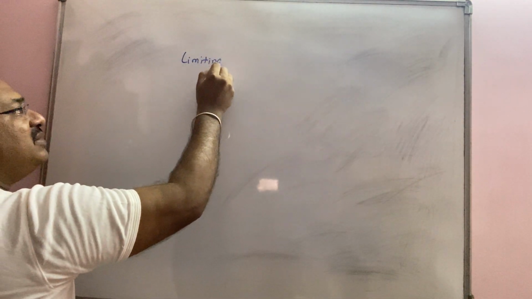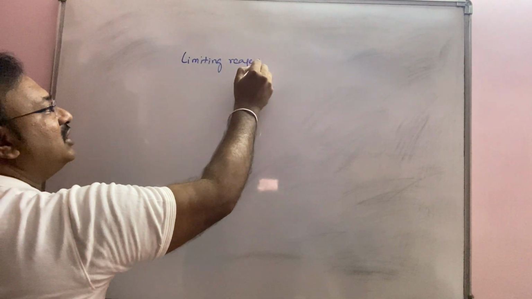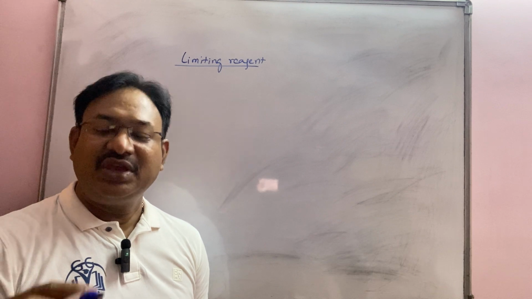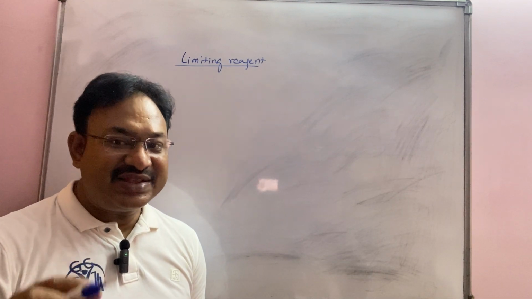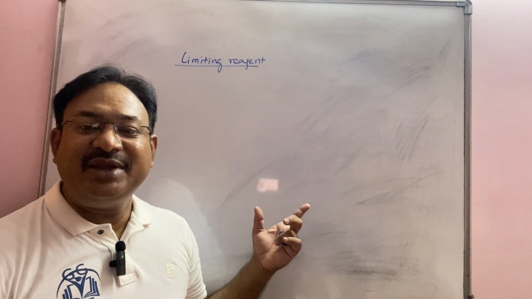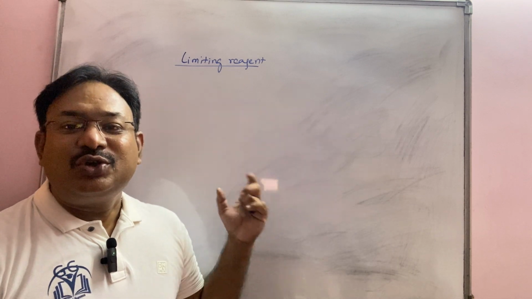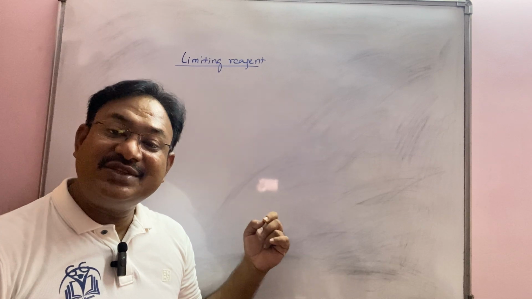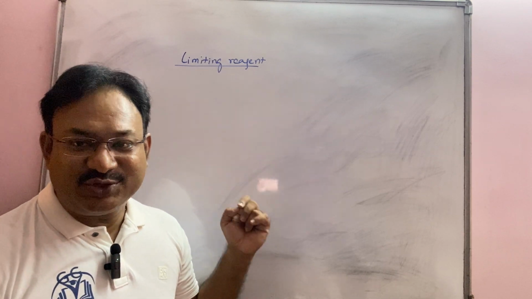So you had better remember this limiting reagent. In a particular reaction, if one of the reactants is given in less amount, that is what we call the limiting reagent. The product formed is always calculated in accordance with the limiting reagent.